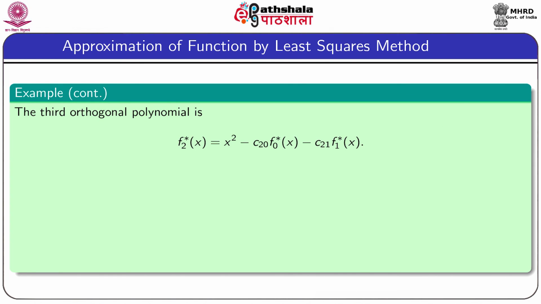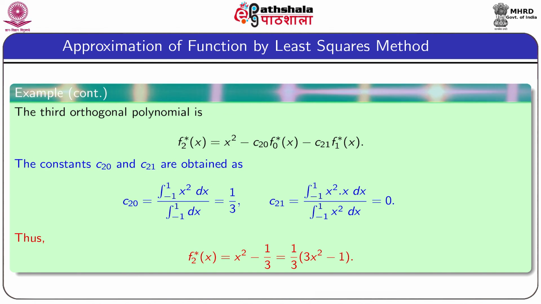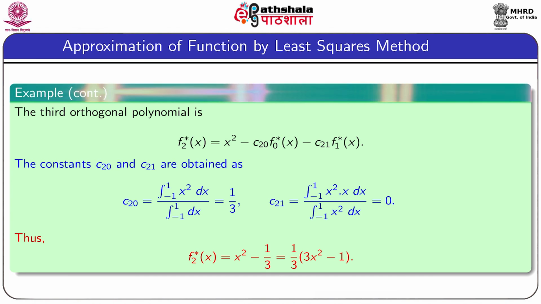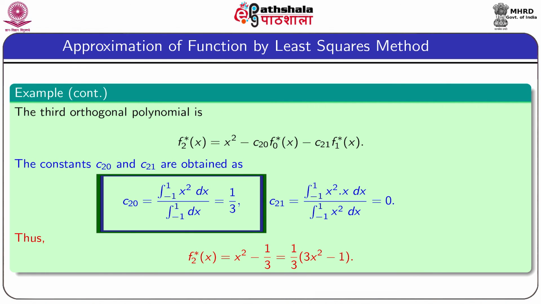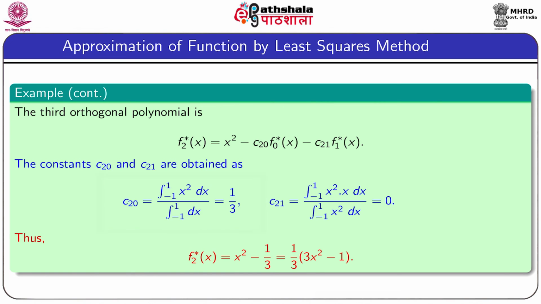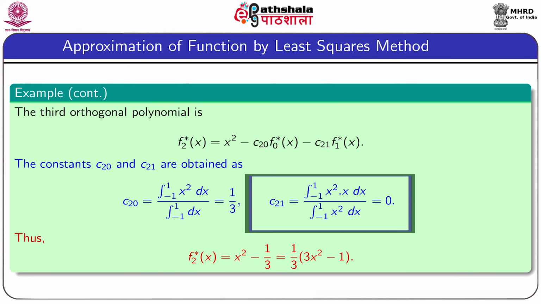Now the third orthogonal polynomial f2*(x) equal to x square minus c20 f0*(x) minus c21 f1*(x), where the constants c20 and c21 are determined as c20 equal to integration from minus 1 to 1 of x square dx, whole divided by integration from minus 1 to 1 of dx, and after simplification it becomes 1 by 3, and c21 equal to integration from minus 1 to 1 of x square into x dx, whole divided by integration from minus 1 to 1 of x square dx.